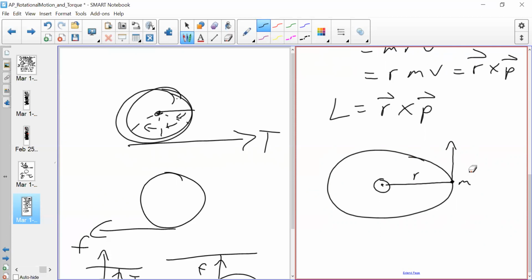Then it's got mass and it's got a tangential speed rotating around. Well, we know that the product of that is going to give us our linear momentum that we just call P. So radius cross P gives me my new L.